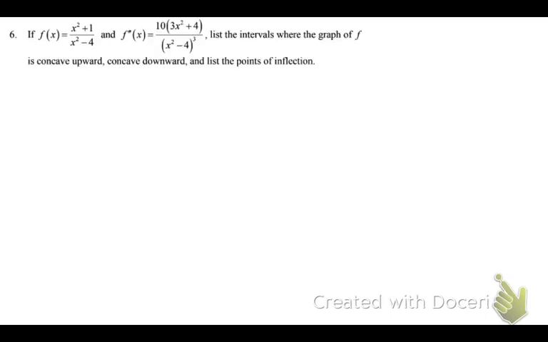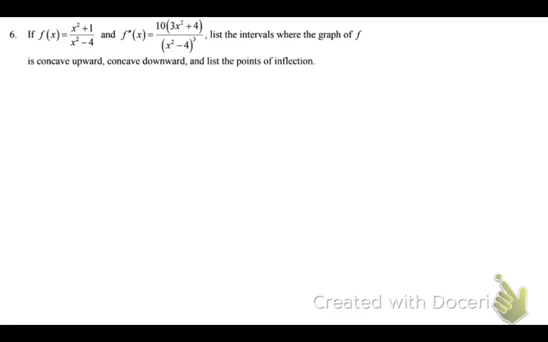So with example 6, they are giving us the original function and have calculated the second derivative for us. We are asked to list the intervals where the graph of f is concave up, concave down, and list the points of inflection.